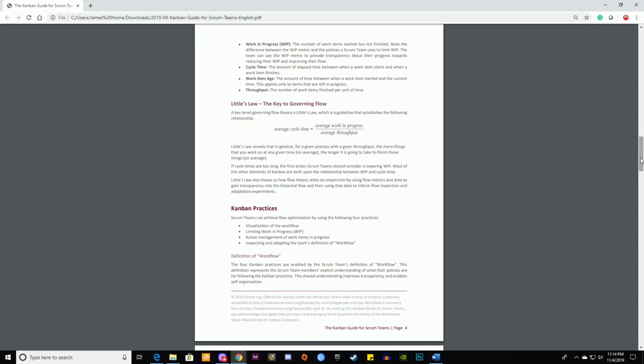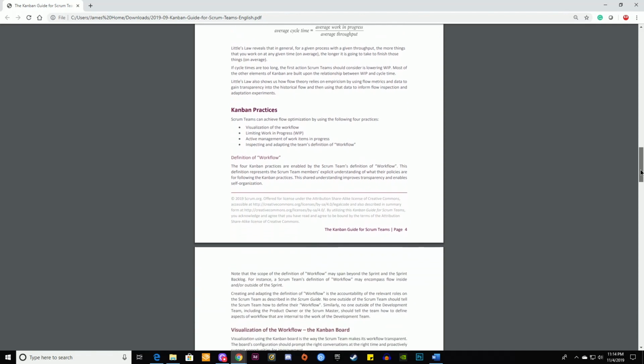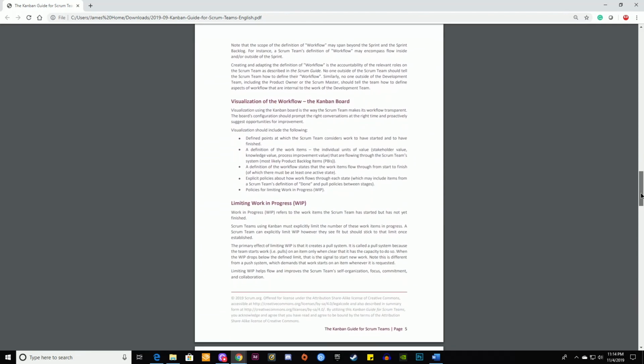This shared understanding improves transparency and enables self-organization. Note that the scope of the definition of workflow may span beyond the sprint and the sprint backlog. For instance, a Scrum team's definition of workflow may encompass flow inside and/or outside of the sprint. Creating and adapting the definition of workflow is the accountability of the relevant roles on the Scrum team as described in the Scrum Guide.